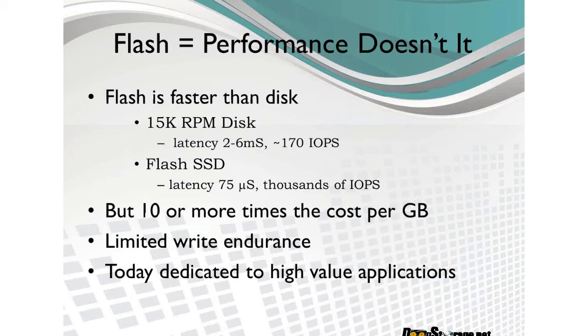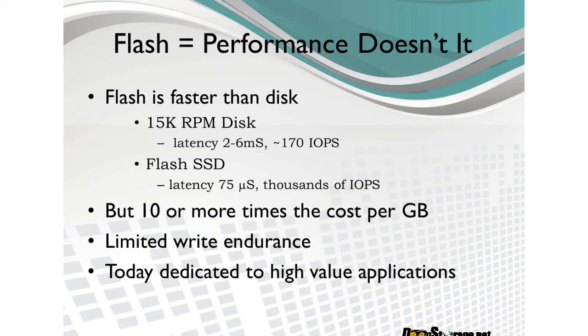Today's solution to performance is not just to throw more disk drives at the problem, but to introduce flash solid-state disks. Flash is substantially faster than disk. A 15K RPM disk has somewhere between 2 and 6 milliseconds of latency, can deliver about 170 I/O operations per second.